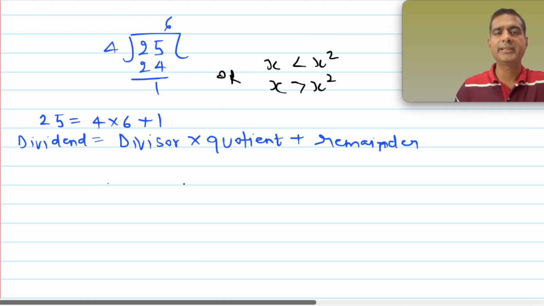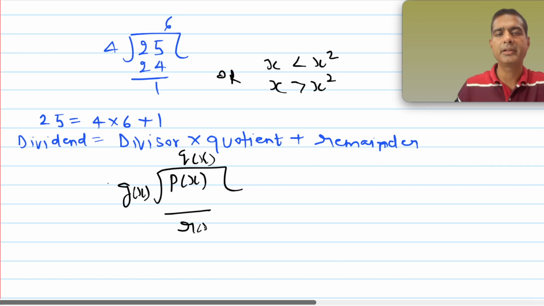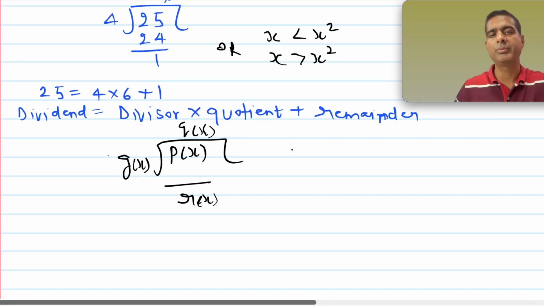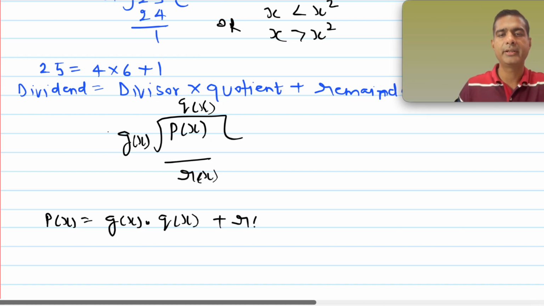So suppose there is a polynomial p of x, and we are dividing it by another polynomial g of x, and suppose the quotient is q of x, and after solving we get the remainder as r of x. The same relationship will be true in case of polynomials also. I can write p of x is equal to the divisor times the quotient plus remainder.